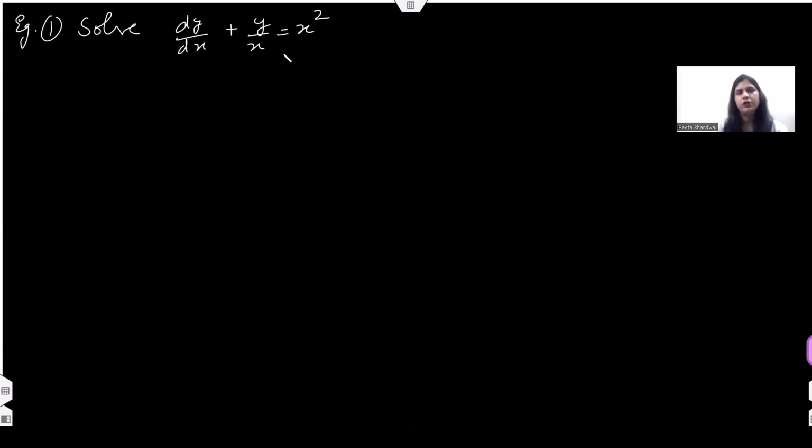Let's take a couple of examples to solve linear differential equations of first order. The first question is to solve dy by dx plus y by x is equal to x raised to power 2.